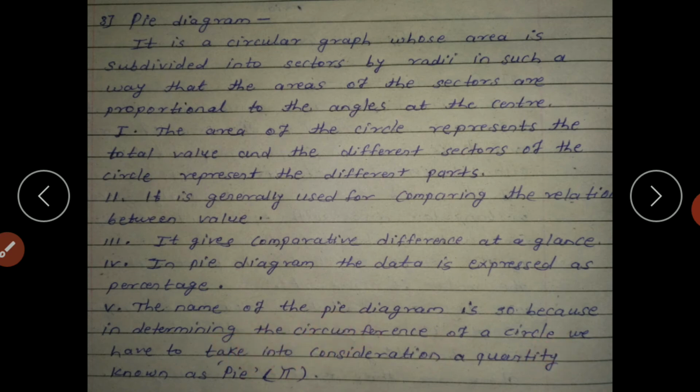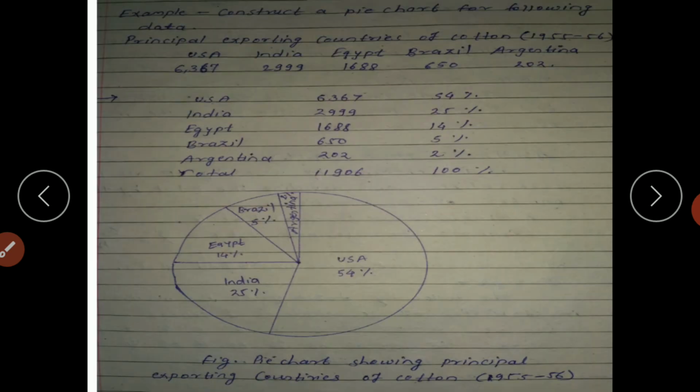So when we put our information in the circle, we need to take into consideration the quantity pi. We have to consider these points, and then only can we put our information in this circle.